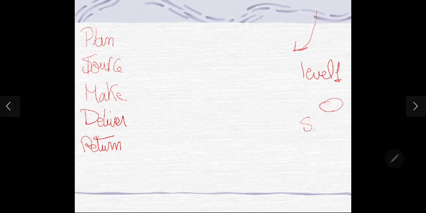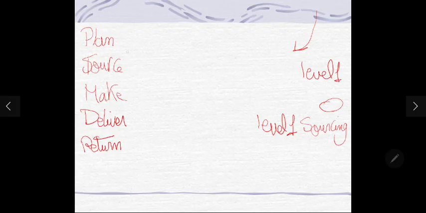So it's a sourcing. We're getting some product from other people. So any task is classified into one of these 5 tasks, and so this is called level 1. So level 1, for that example, is sourcing.